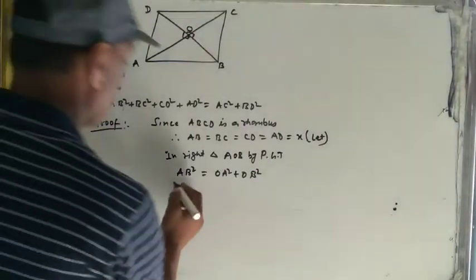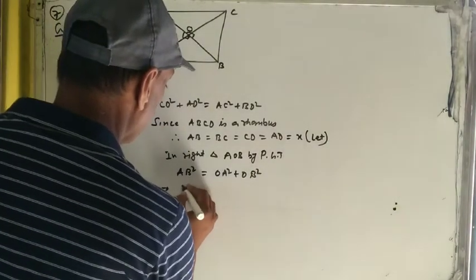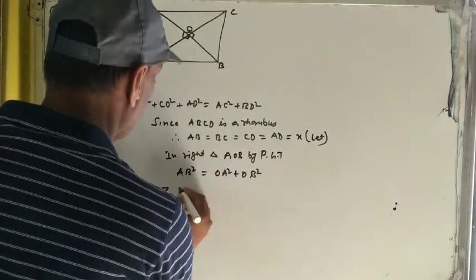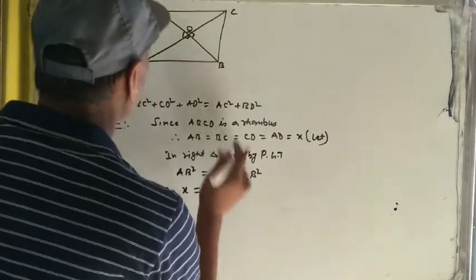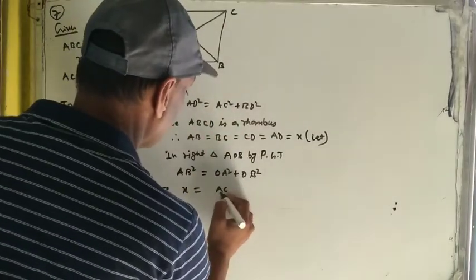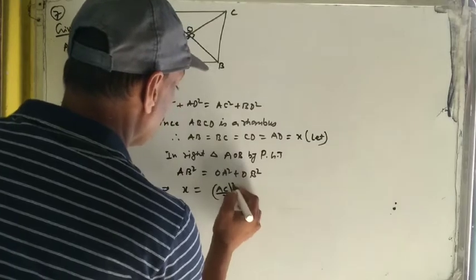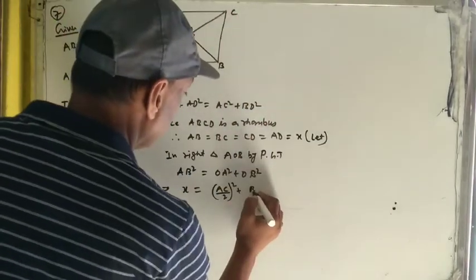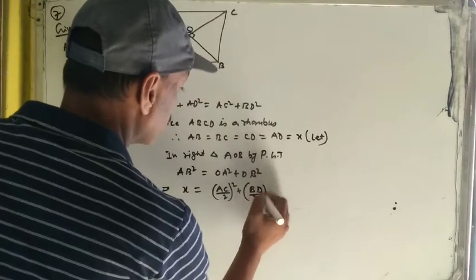At the place of AB, we can write x because AB, BC, CD, AD we have taken as x. OA is half of AC, so we can write here (AC by 2) whole square, and at the place of OB we can write (BD by 2) whole square.